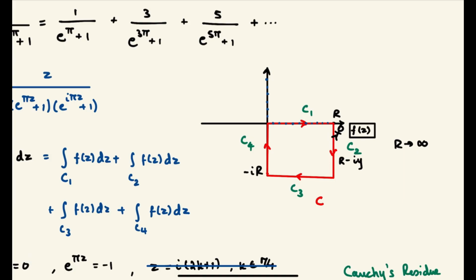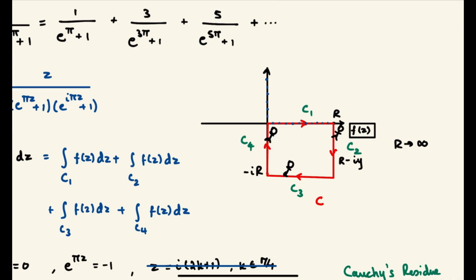And the same kind of logic can be used to argue that C3 doesn't account for anything, and C4 is also not going to contribute anything. Okay, so those integrals are essentially going to be zero. And use the same logic. Imagine you have a device, you're walking around the C3 bit, which is essentially the bottom line here.